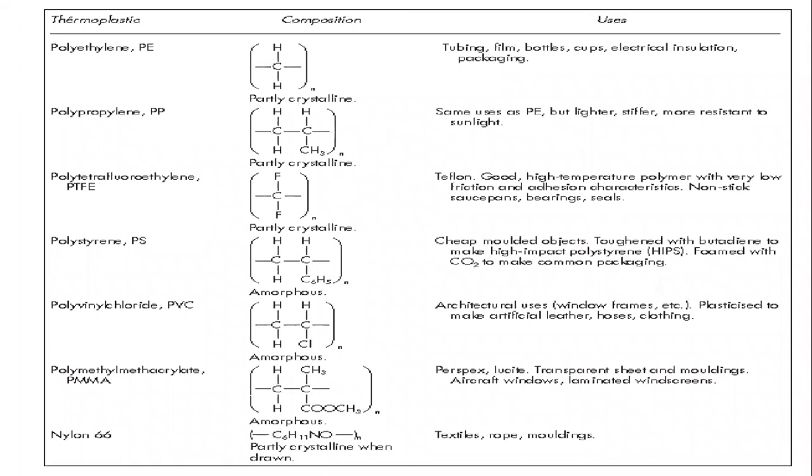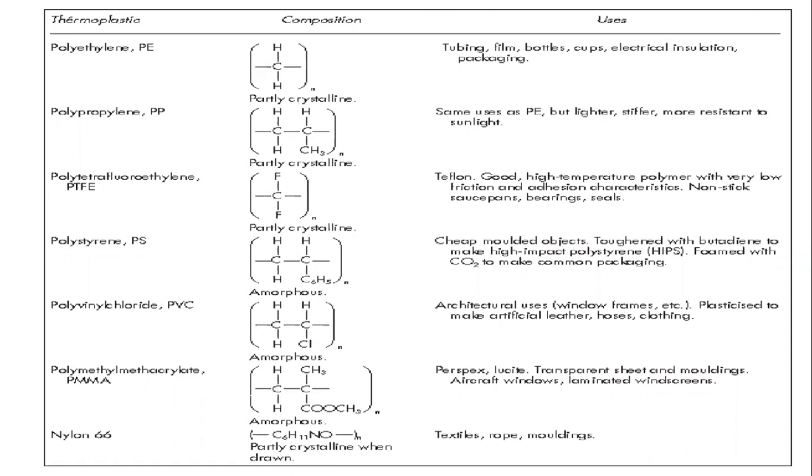First one is polyethylene, shortly known as PE. The composition is HCH, two hydrogen atoms and a single carbon atom. The uses of polyethylene are tubing, so it is used in making tubes. Next, film-like elements, bottles, cups, electrical insulation, and packaging.